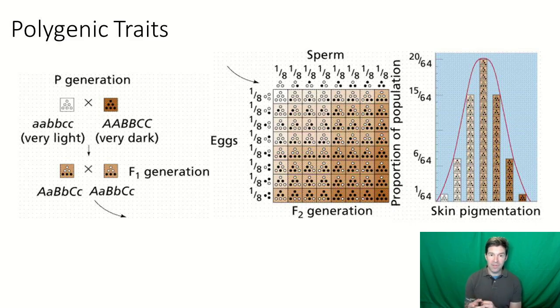Now, a lot of things that we were talking about, we've simplified and talk about a gene. But in many cases, going back to skin tone as an example, it's many genes that are contributing. And that allows for not just black or white, not just blue or brown, not just one or the other. It allows for that spectrum.